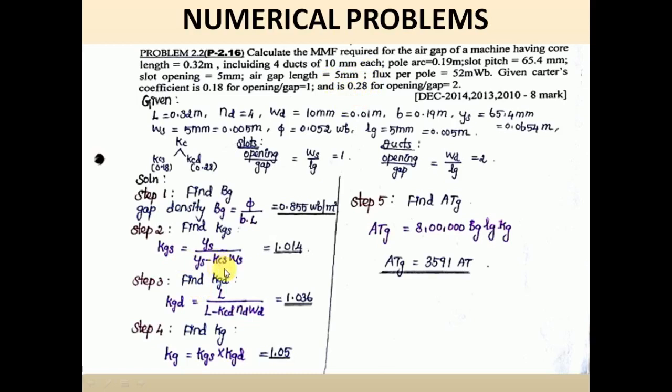By using those Carter's coefficient terms, we will be able to find Kgs and Kgd. From there we can calculate Kg. So after calculating Bg, Kg, and from the question the magnitude of Lg is given, by multiplying this with 8 into 10 raised to 5, we will be able to calculate the required MMF.